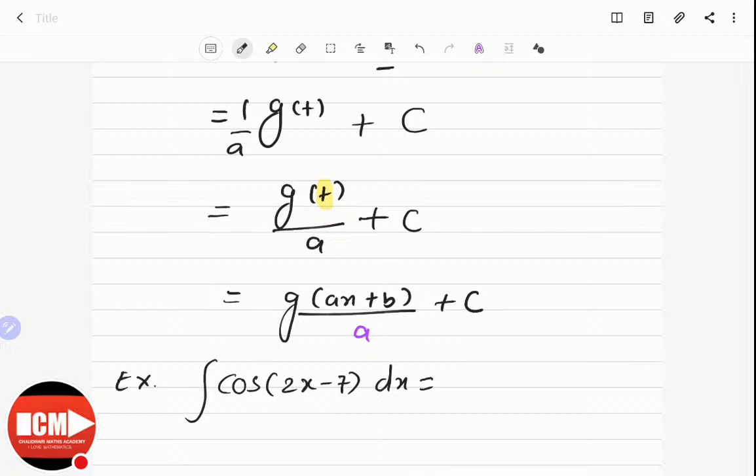You know that the integration of cos x is sin x, right? The integration of cos x is sin x, but as per this composite rule, don't forget to divide by the coefficient of x, and the coefficient of x in this case is this 2, and don't forget to divide this integration by 2 in the denominator. So this is the thing that I want to explain from this particular proof.